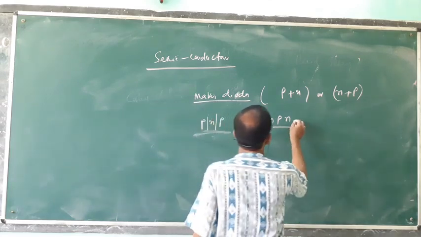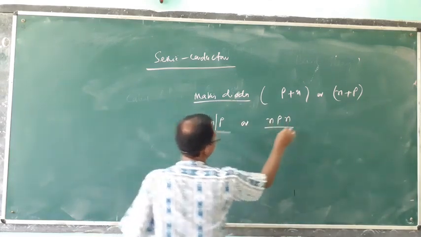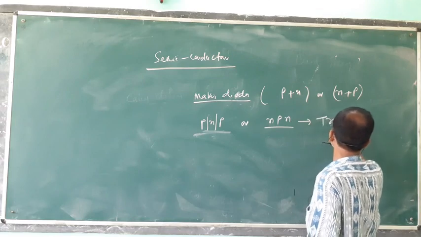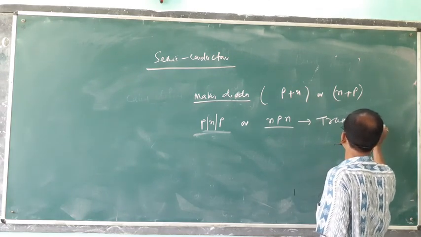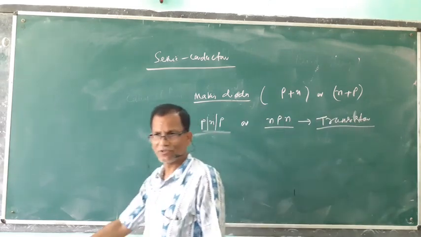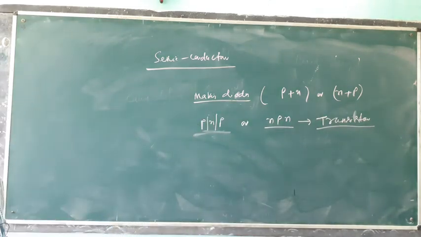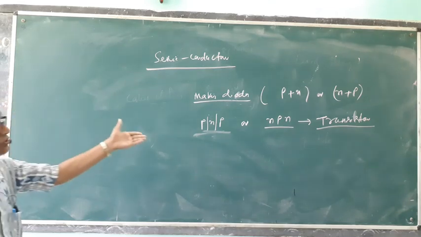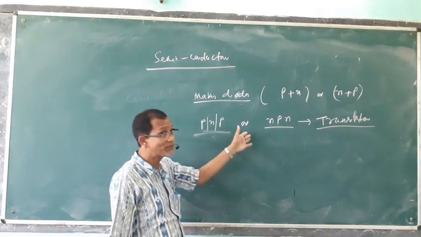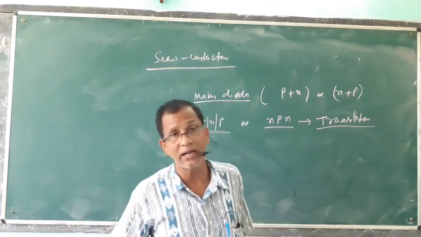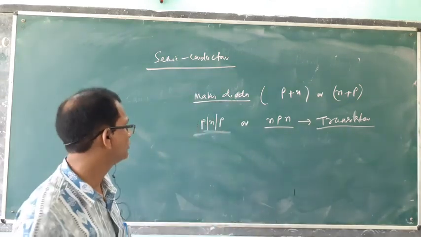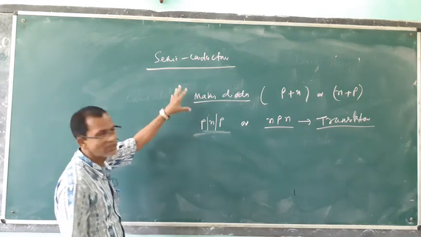Transistor. These are called transistors. Transistors are used for making electronic devices. So diodes and transistors are made of semiconductors. What type of semiconductor? P-type and N-type semiconductors. So these are the formation of semiconductors.